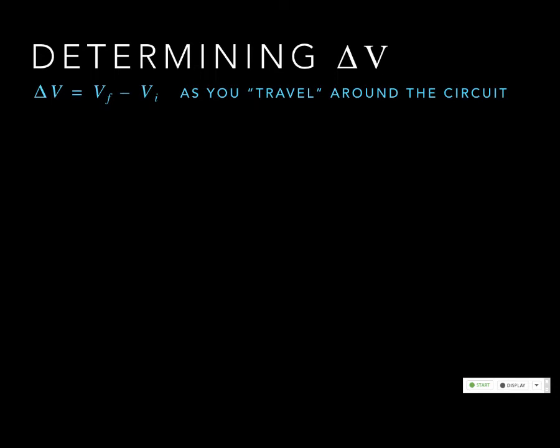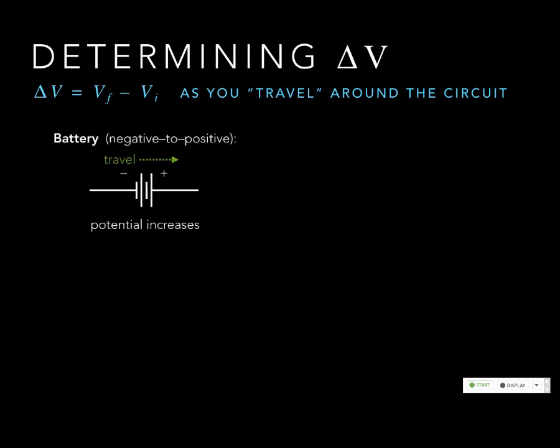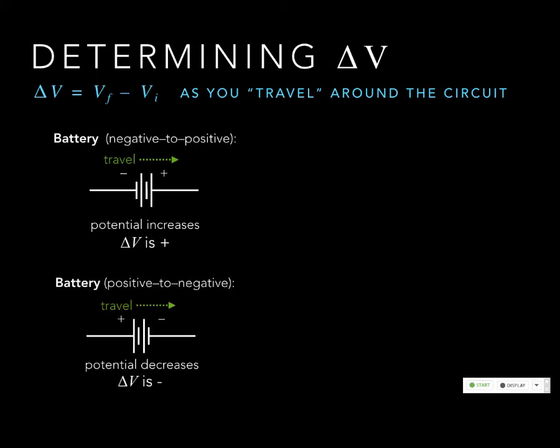If the direction of travel is from the negative terminal of the battery through the battery to the positive terminal, that is a potential increase, or delta V positive. Batteries are easy because you don't have to keep track of current, and when you look for the change in V, it's just a number for the most part. If you go the other way, it's negative.